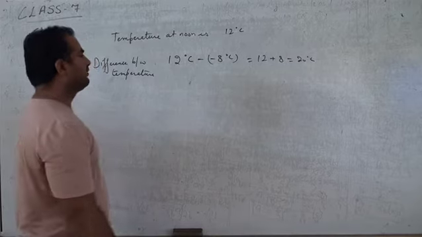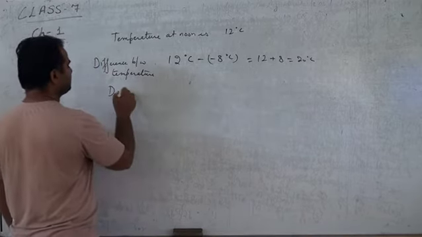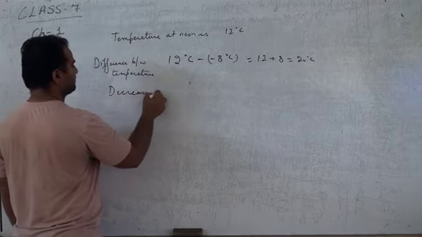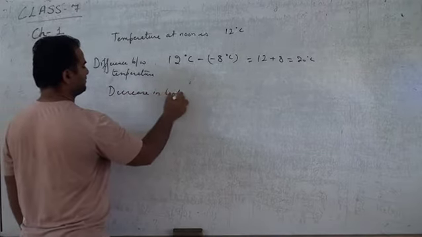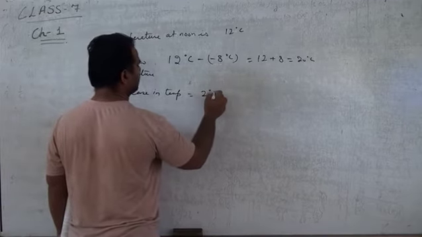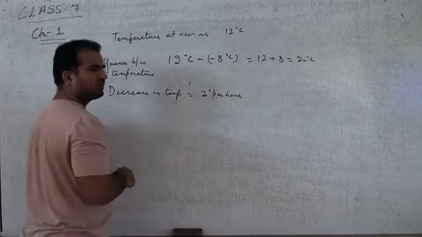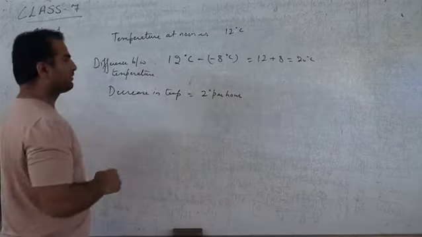Done? What he wants is that decrease in temperature equals 2 degrees per hour. Okay, 2 degrees per hour.